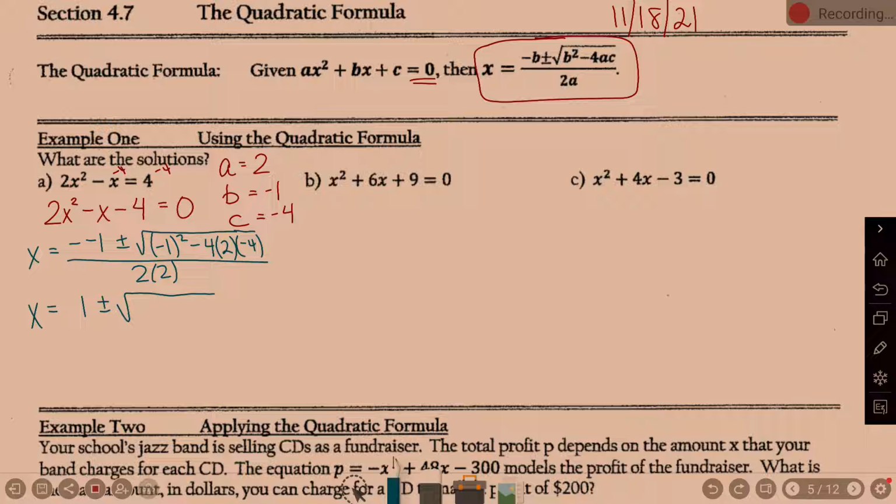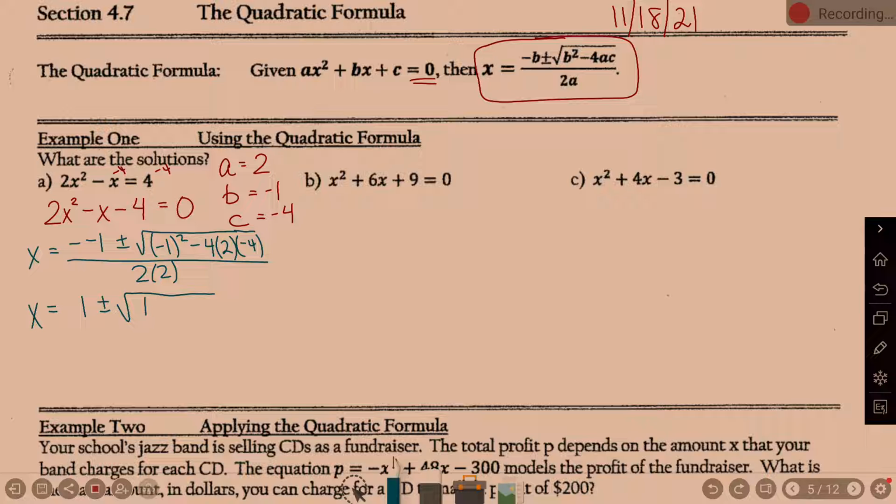Okay, so 1. Now, right here, there's -4 times 2 times -4. You can do this as you want. I tend to multiply my numbers and then put a sign on it. So if I just ignore signs for a moment, and I multiply my numbers, 4 times 2 times 4. 4 times 2 is 8, times another 4 is 32.